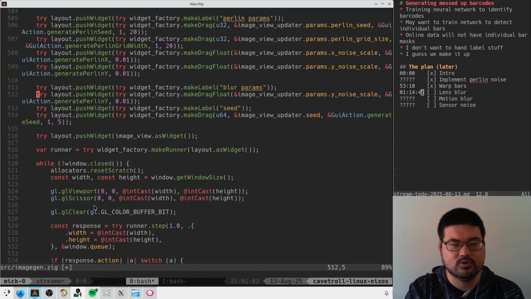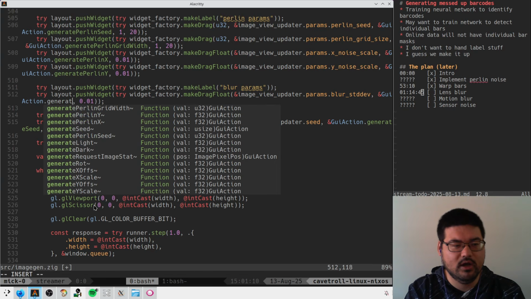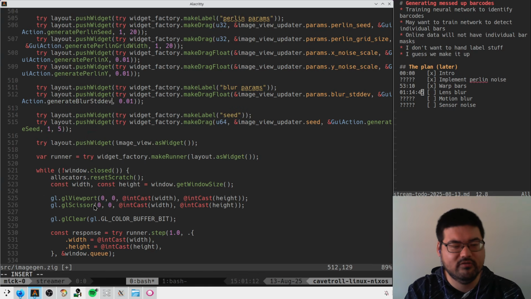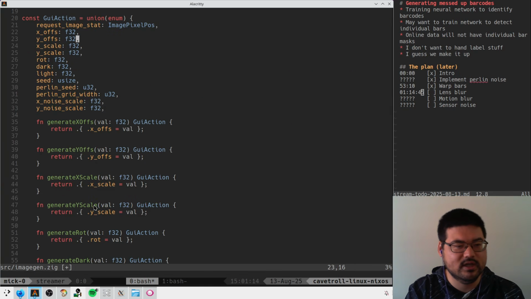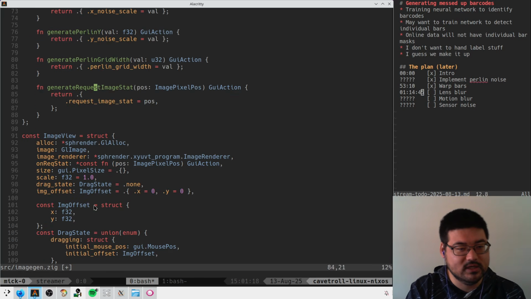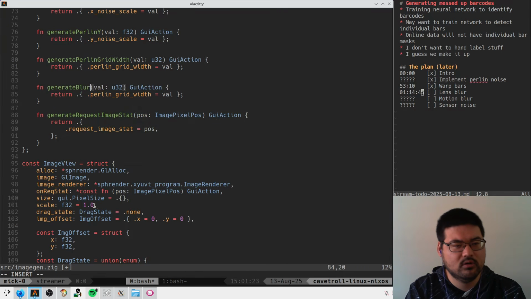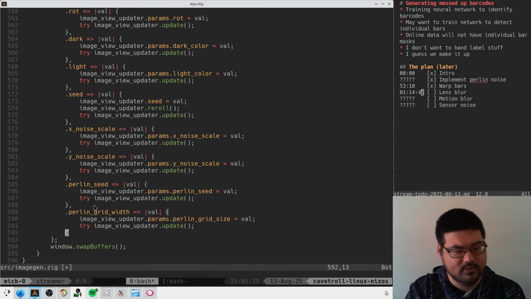And we'll make a float dragger for blur standard deviation, generate blurs to dev, which means that this needs blurs to dev, which means he needs one of these. Blurs to dev val, and then we need to handle that.